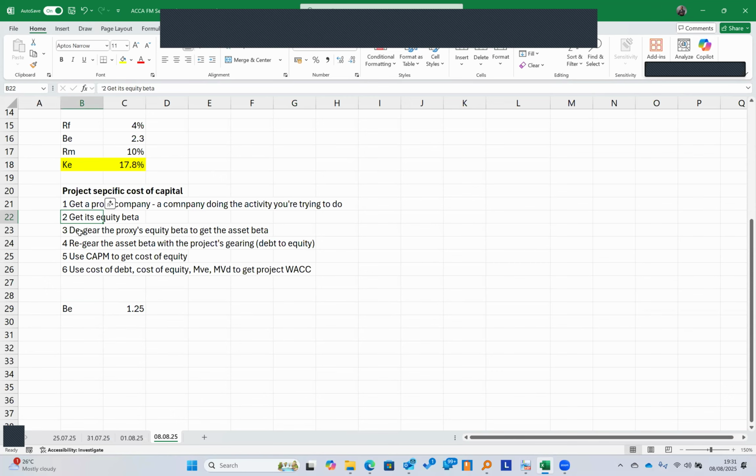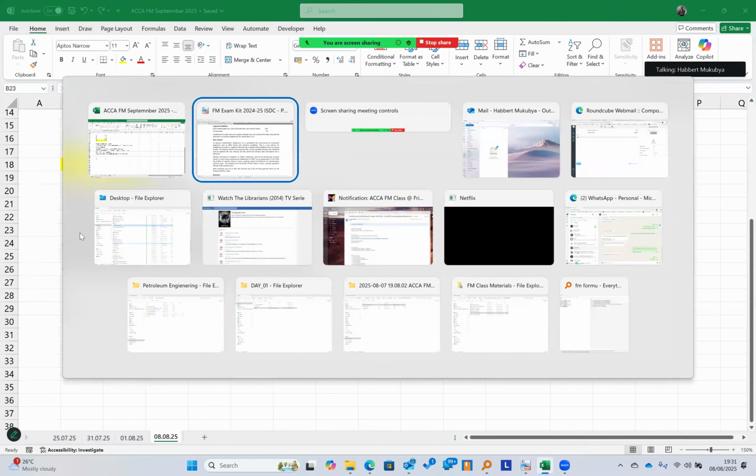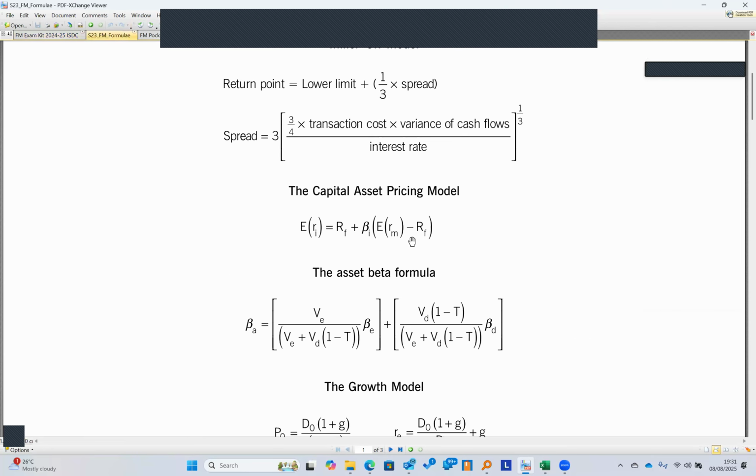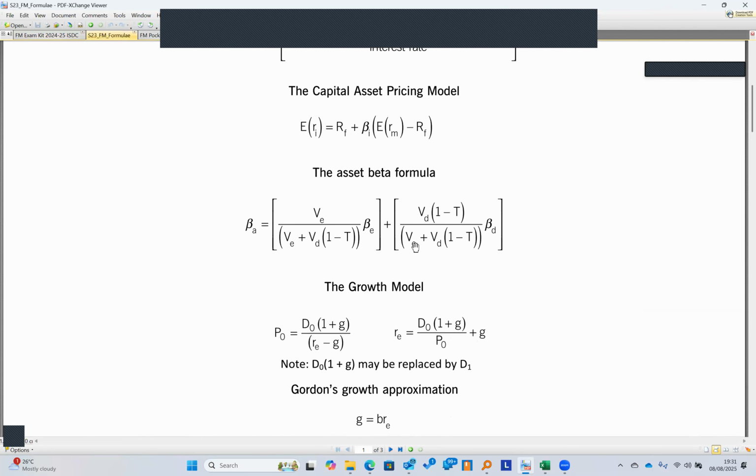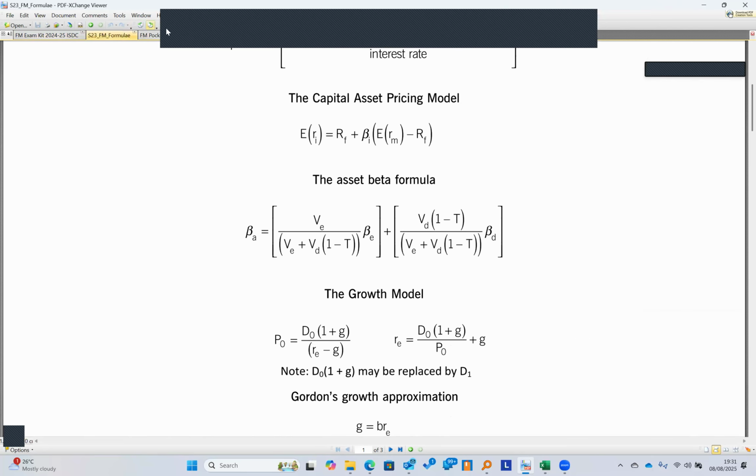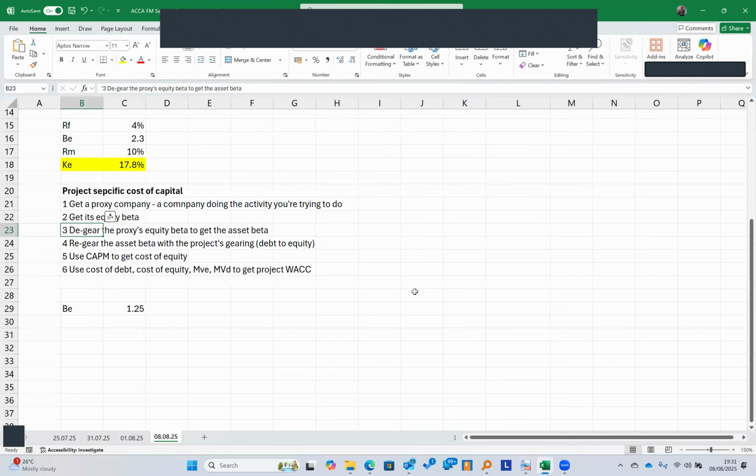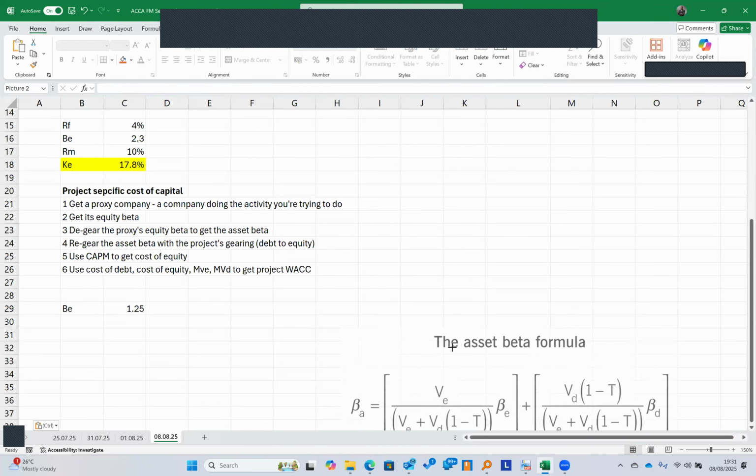Now step 3, the gearing. There is a formula on the formula sheet which helps us to calculate the asset beta, and it's given here. It looks like a big formula, but I'm going to make it smaller.